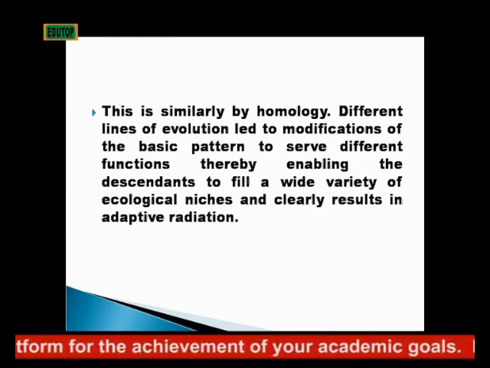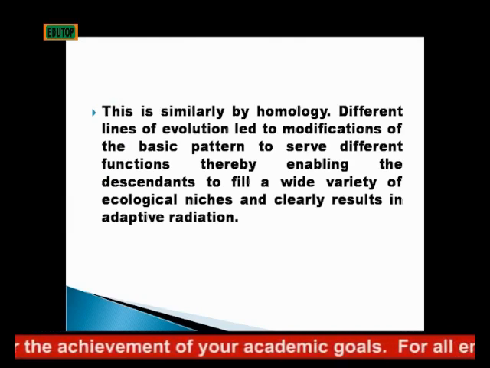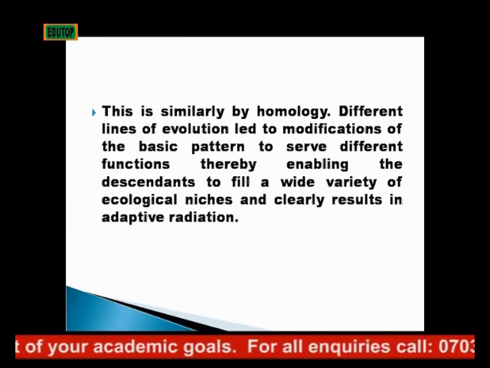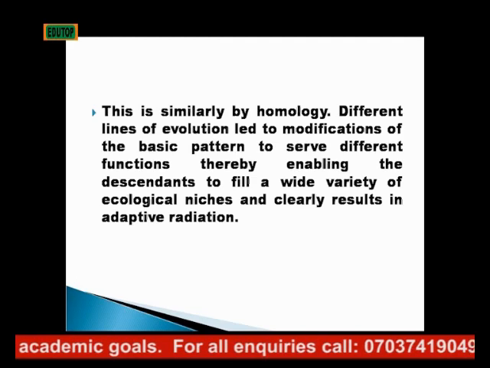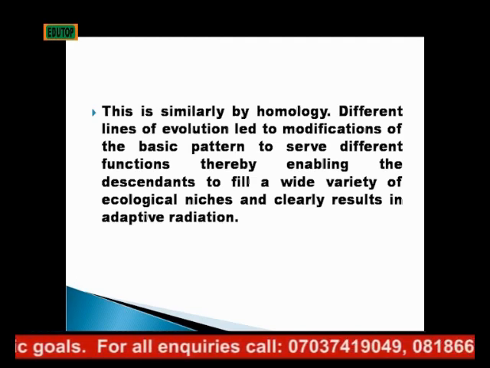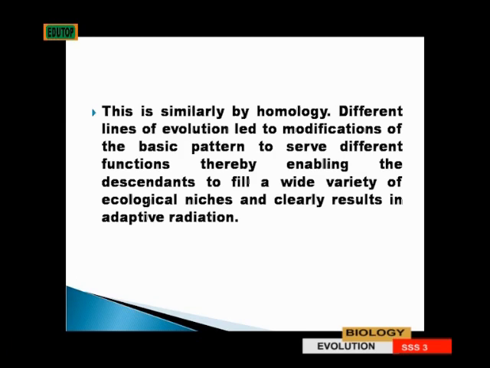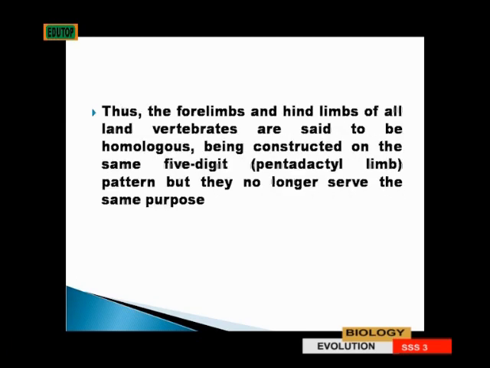Different lines of evolution led to modification of the basic pattern to serve different functions, thereby enabling the descendants to fill a wide variety of ecological niches and clearly resulting in adaptive radiation. For instance, you have hind limb and forelimb in all land vertebrates.